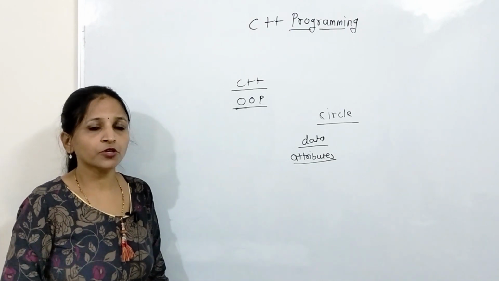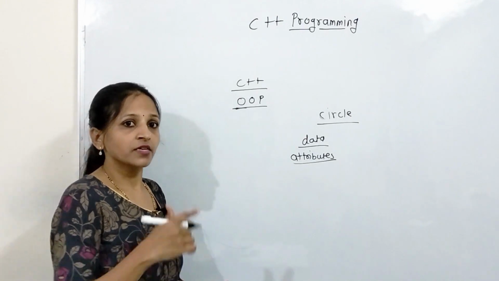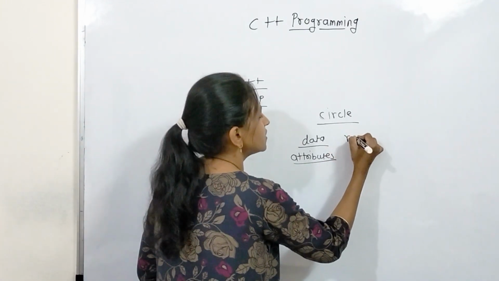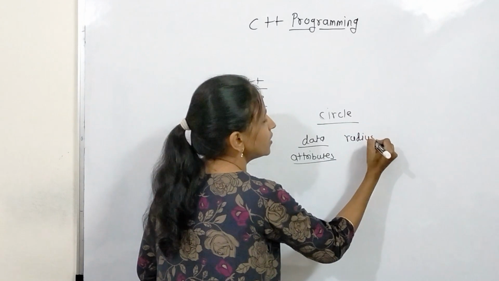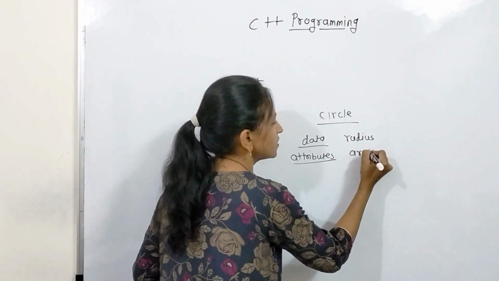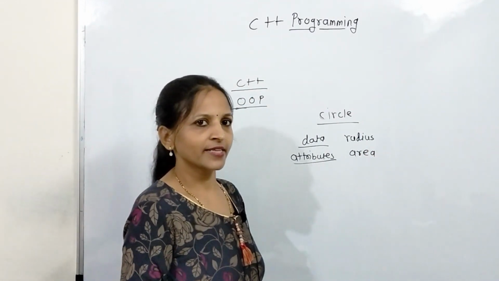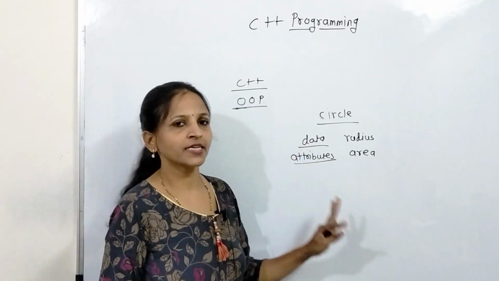What are the attributes or characteristics of that circle? A circle has a radius with it. That's why the radius is one data or attribute. Then the circle has an area. Here we will consider only two attributes because the program is for calculation of the area of a circle. In that case we can think only of radius and area.